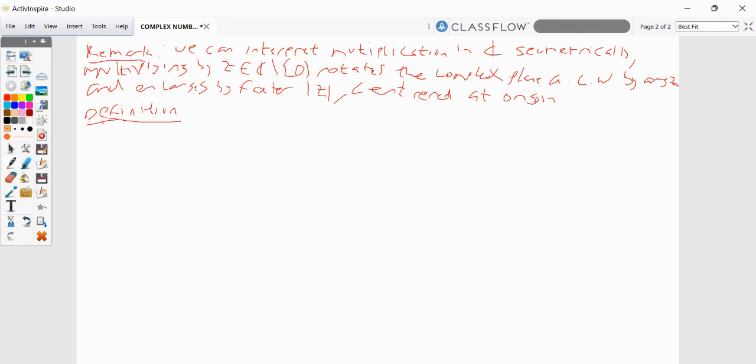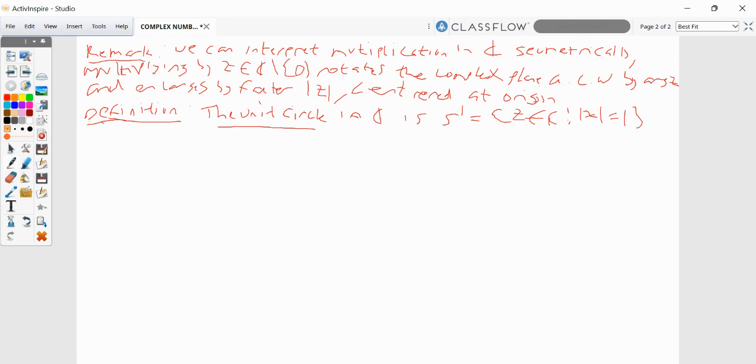I will also underline what I'm defining as well. So the unit circle, which is what I'm underlining, in C, so in the complex plane, is S1, which is z is a complex number such that the modulus of z is equal to 1.